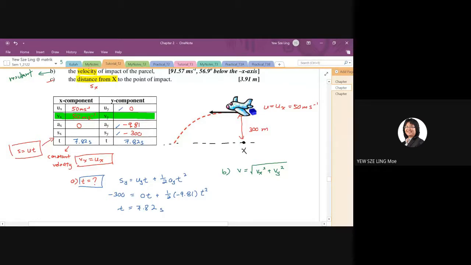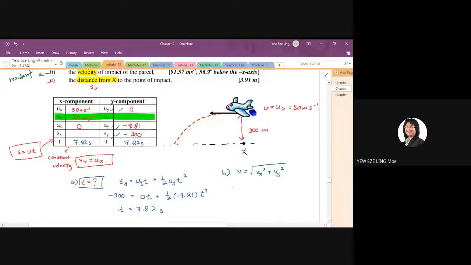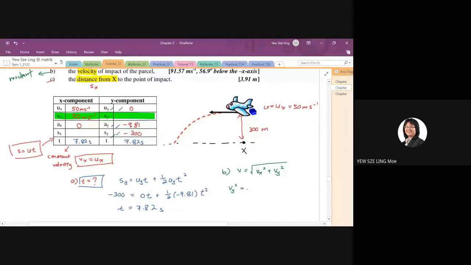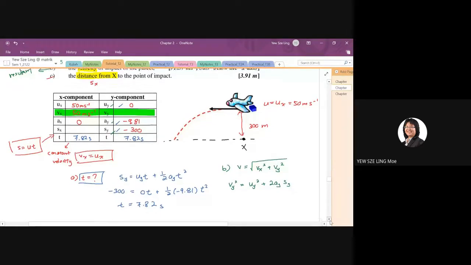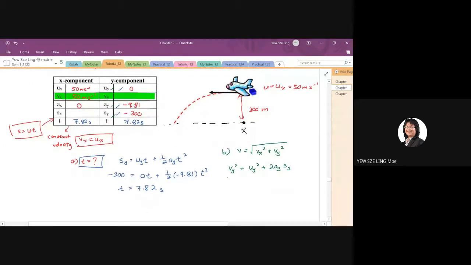All right, so let's say we are going to use Vy. We're going to use a UAS. So Vy square equals Uy square plus 2AySy. Right? The reason why I choose these equations, I will tell you after this.